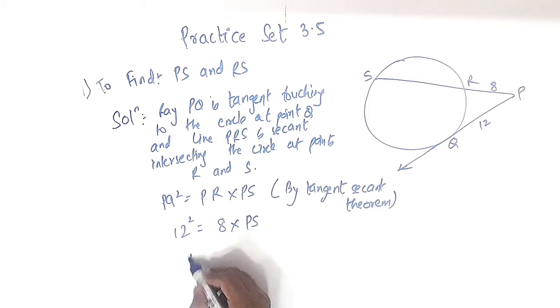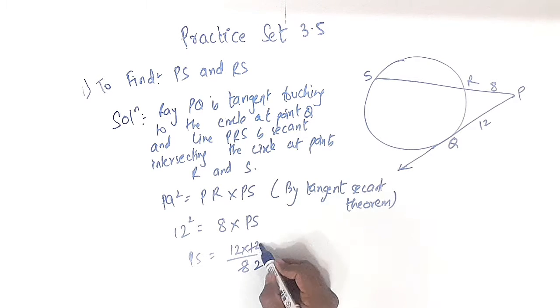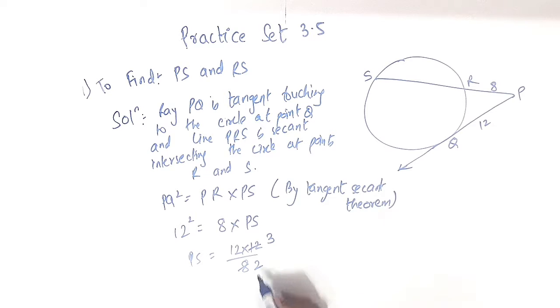So PS is equal to 12 into 12 upon 8. Then 4 2s are 4, 4 3s are 12, so PS is 6 into 3. So PS is equal to 18.